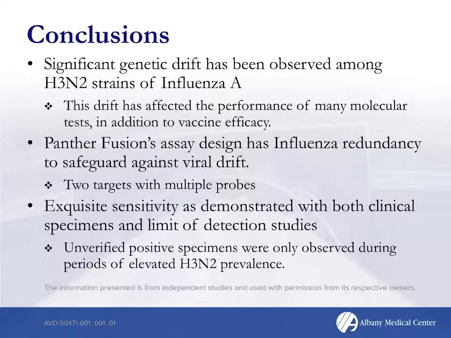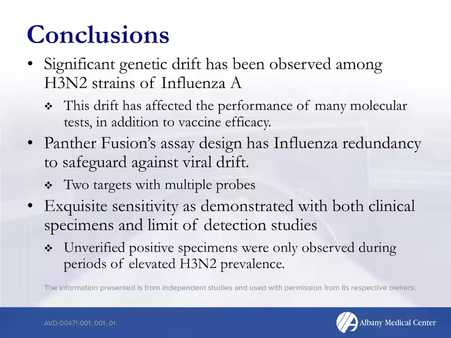So in conclusion, significant drift has been occurring in H3 strains in particular, and this drift has affected the performance of many molecular tests in addition to vaccine efficacy. Panther Fusion's assay design has influenza redundancy to safeguard against viral drift. It uses, again, 2 targets with multiple probes.